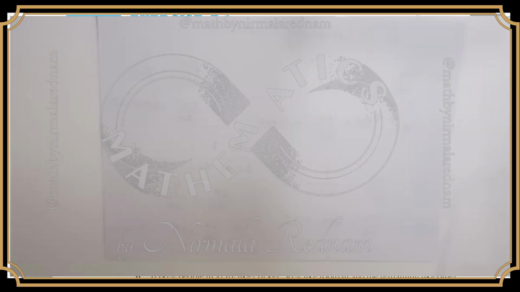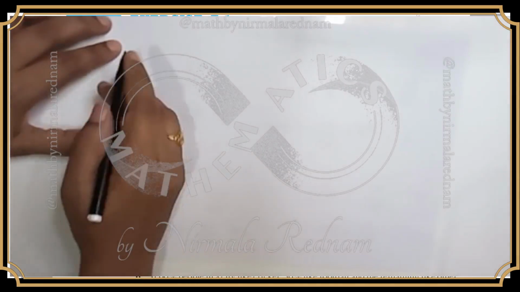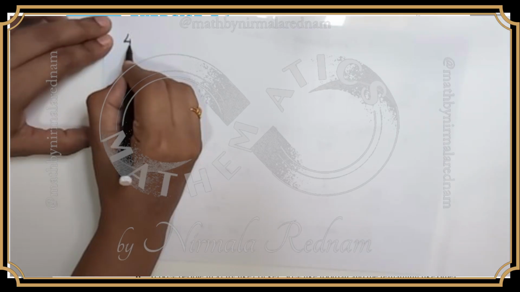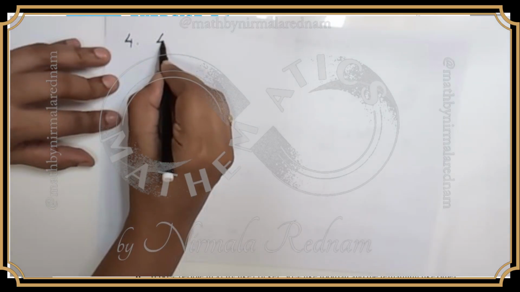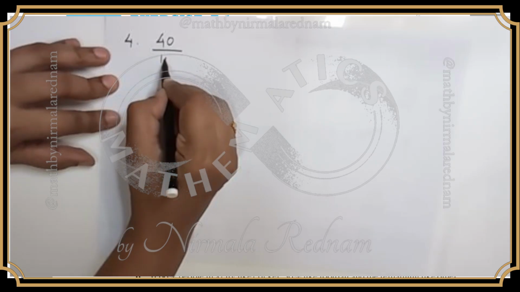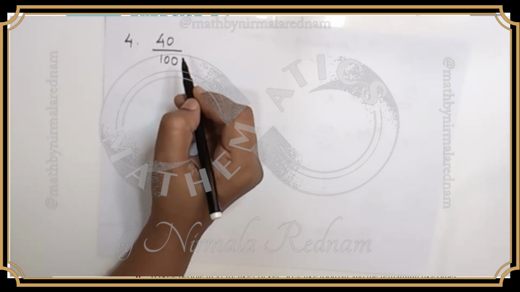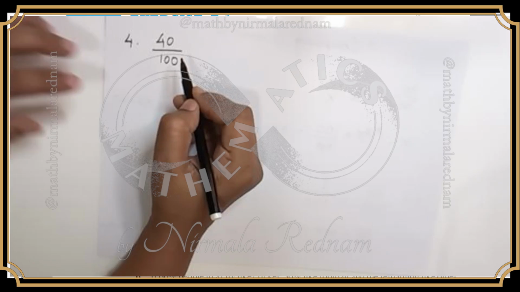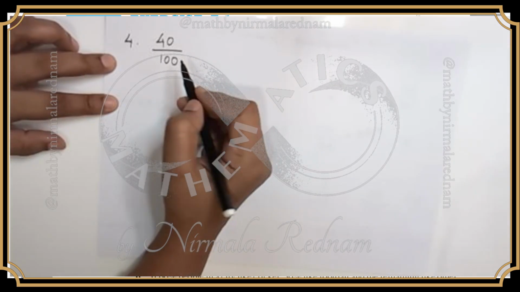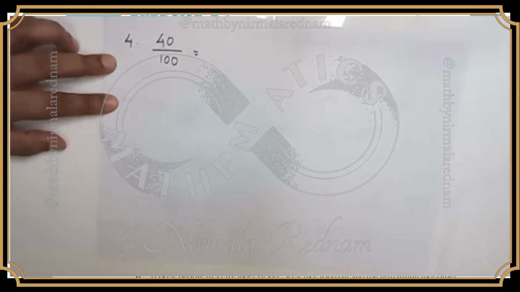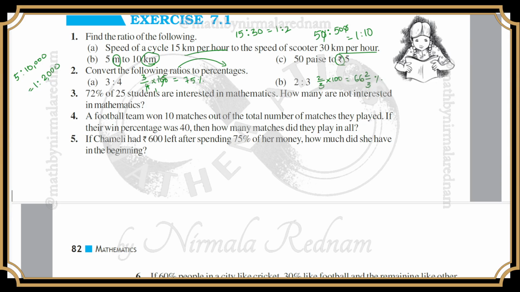That means I have, okay, 40% is 40 by 100, right? 40 out of 100 is the same as, how many matches did they give in terms of the number? 10 matches, right?